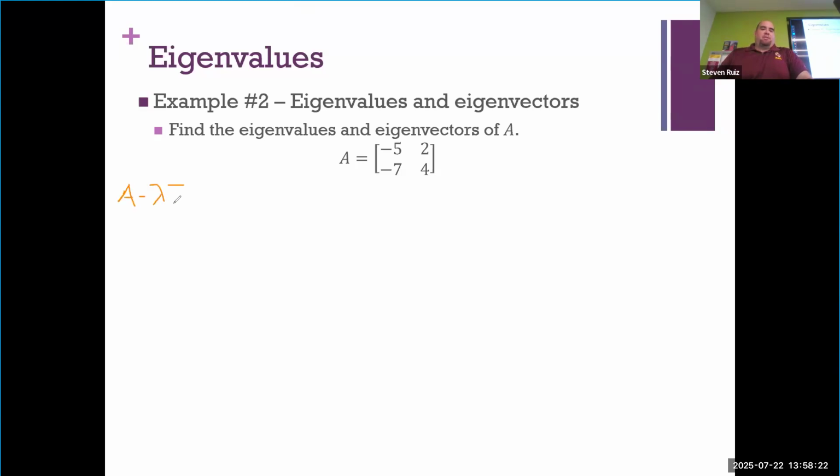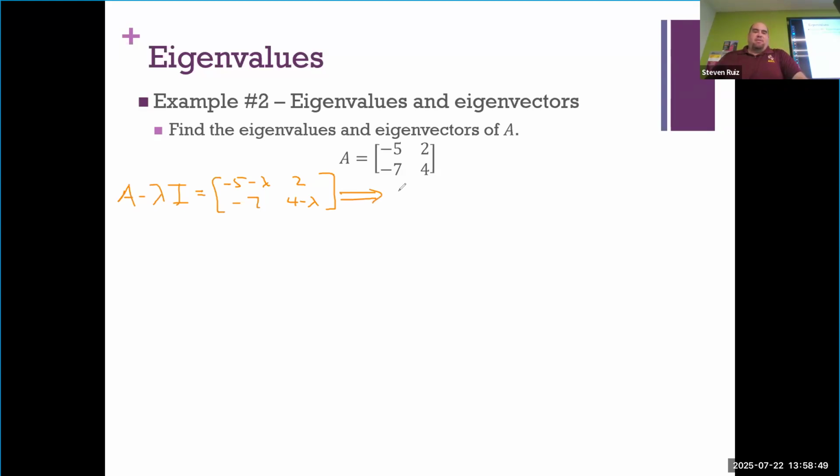So now let's build this related matrix. So -5 minus lambda, 2, -7, 4 minus lambda. Right. So this is the thing we're going to be dealing with. What should you do with it next? Take a determinant.